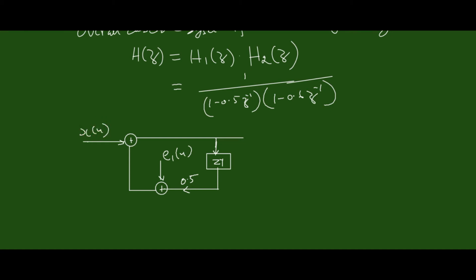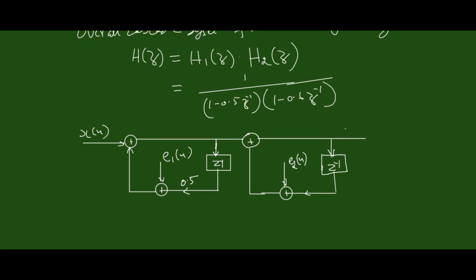Input x of n. Similarly, we can draw the h2 of z. So we have the error E2 of n. The output y of n. This is the noise model of the structure.